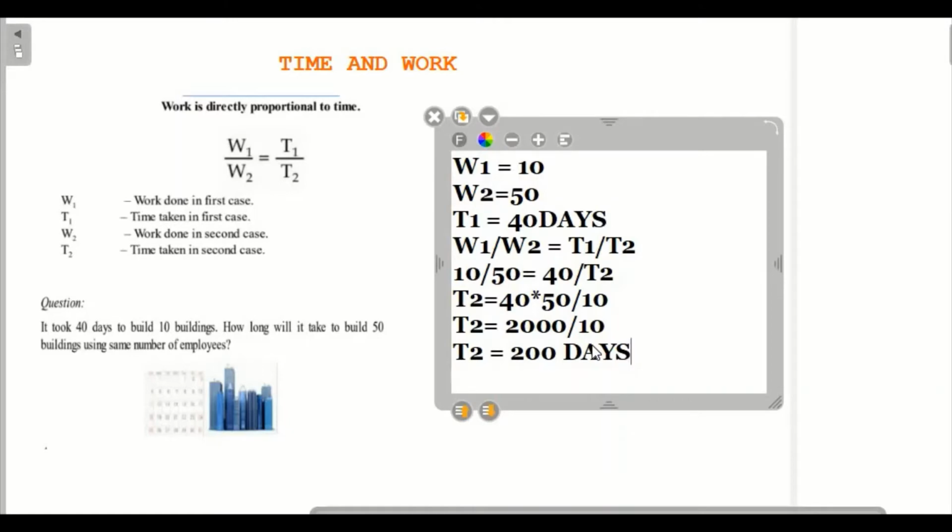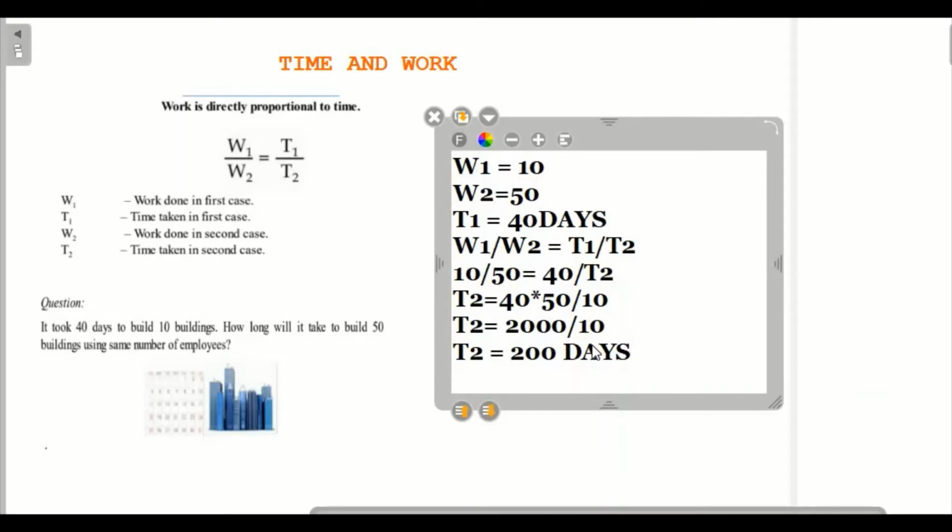So here we have the problem that it took 40 days to complete 10 buildings. We have to find, to complete 50 buildings, how many days you need with the same set of employees.